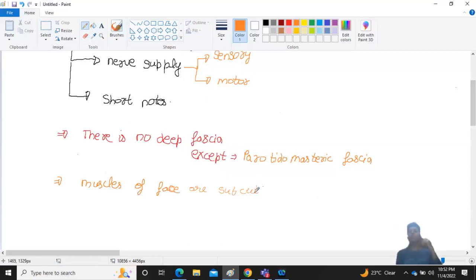Because the role of the facial muscles is facial expressions, they control the facial expressions. So they are subcutaneous. Basically, they are attached to the skin.